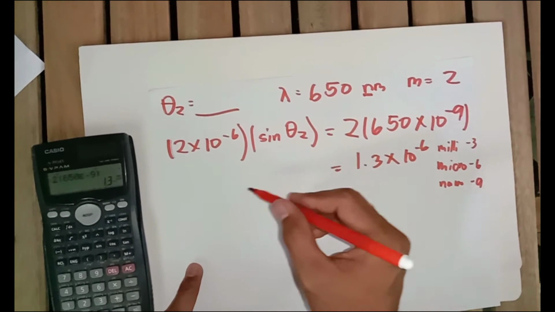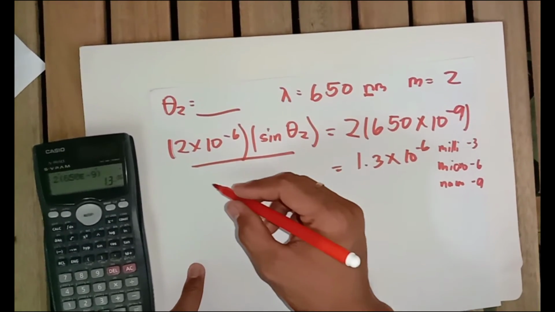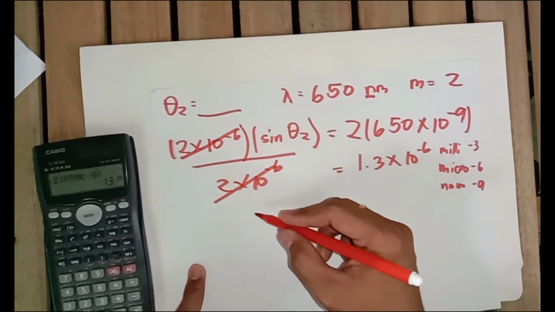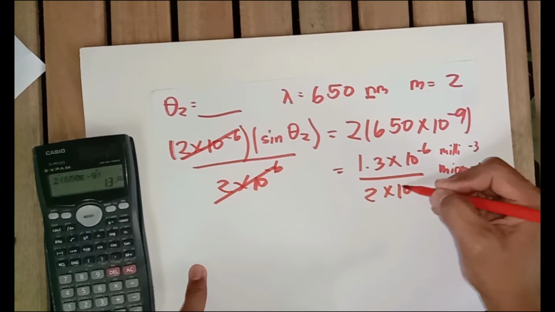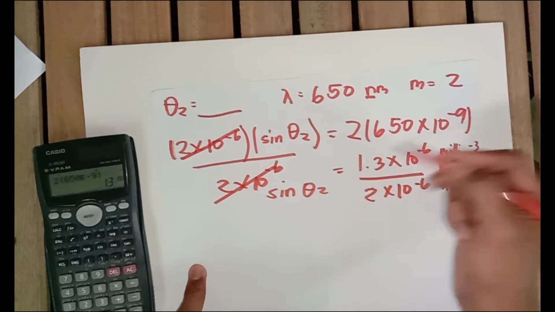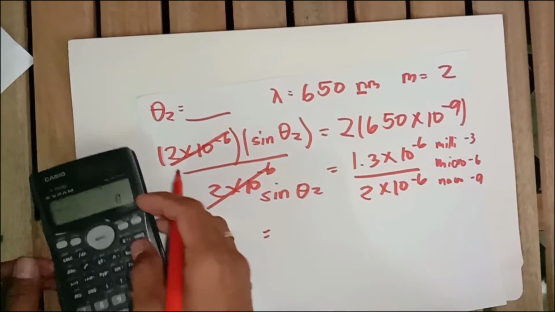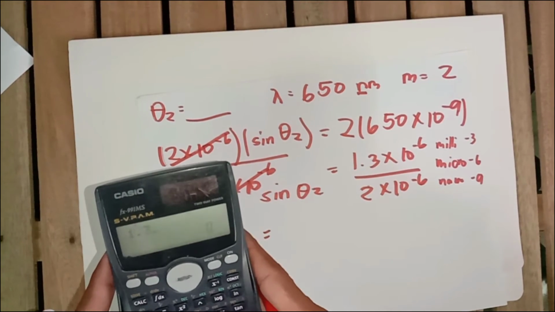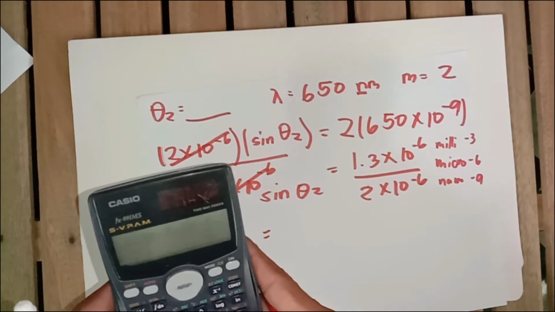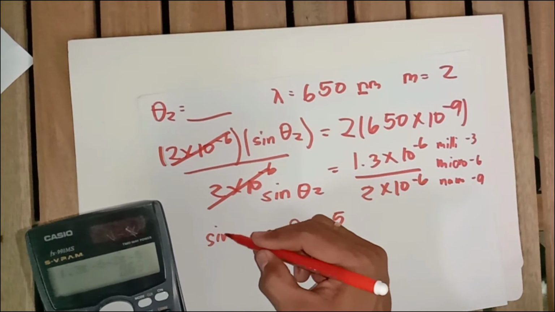Then we divide by 2 times 10 raised to negative 6. Cancel. Sine theta 2 equals 1.3 times 10 raised to negative 6 divided by 2 times 10 raised to negative 6, which is 0.65. That's our sine theta 2.